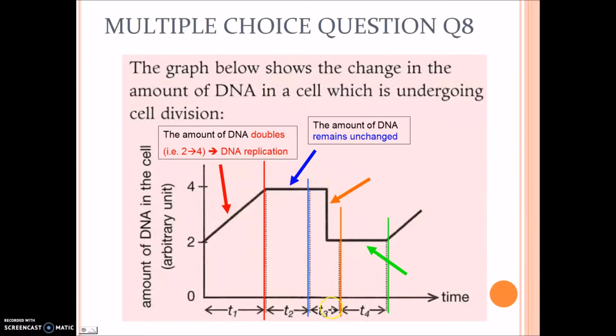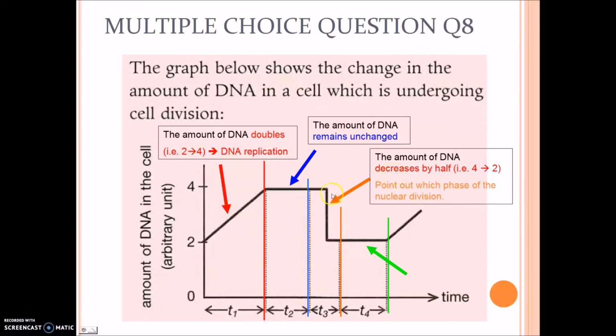And for T3, you can see that the amount of DNA decreases by half, from 4 to 2. So the point is to point out which phase of the nuclear division is happening in T3. I can tell you the answer is that T3 should be the anaphase.